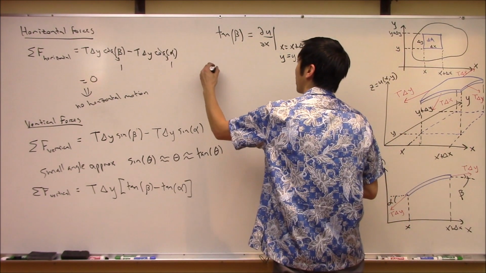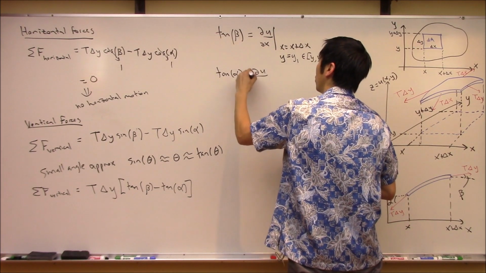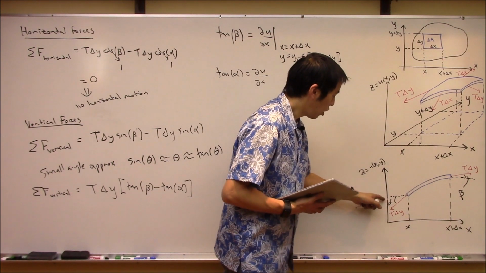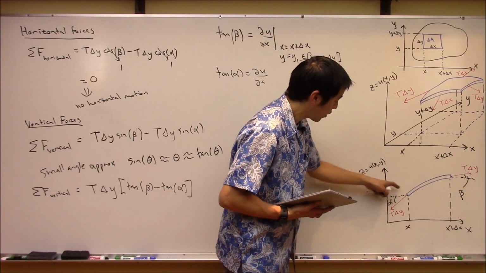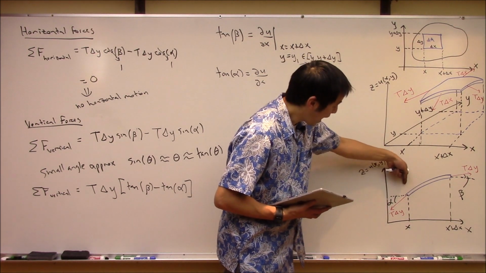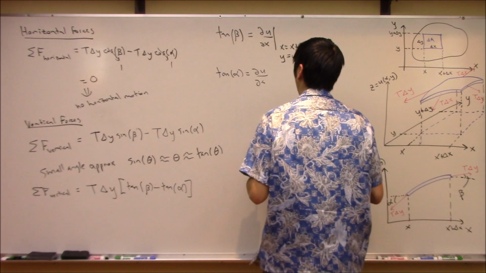We can do the exact same analysis for alpha. This is du dx. Tangent alpha, if I look at this picture, is opposite over adjacent on this side, or rise over run, or the physical slope of u with respect to x at the left side of the piece of membrane.